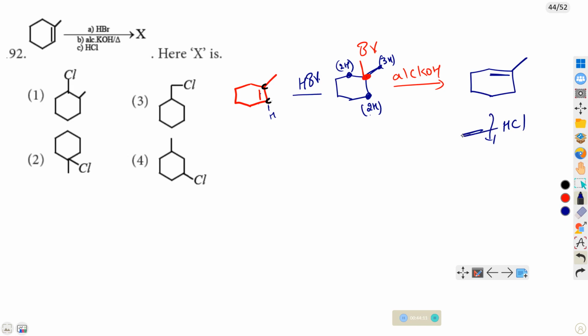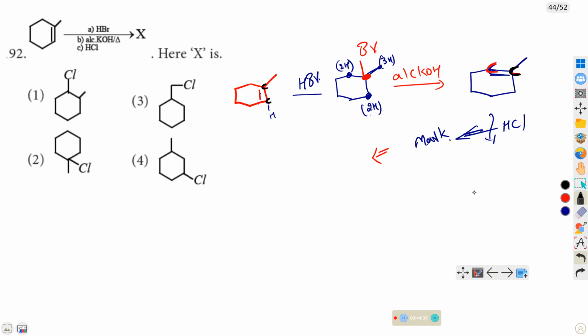Again it follows Markovnikov's rule. Add the hydrogen atom to the unsaturated carbon which contains more number of hydrogens. Identify the unsaturated carbons. In this carbon atom, break the bond.